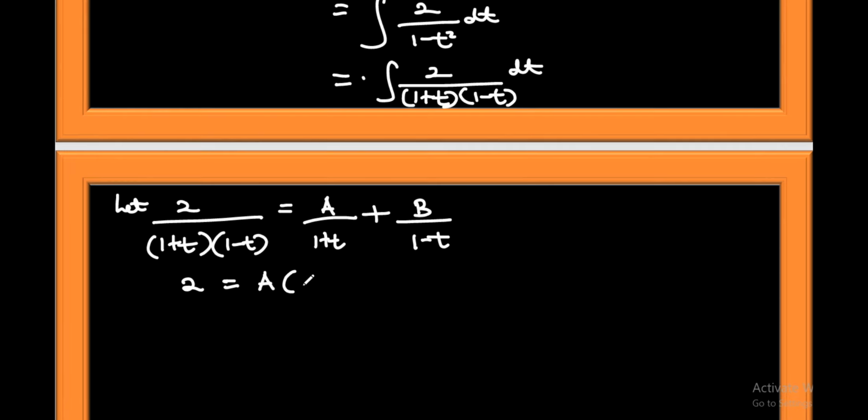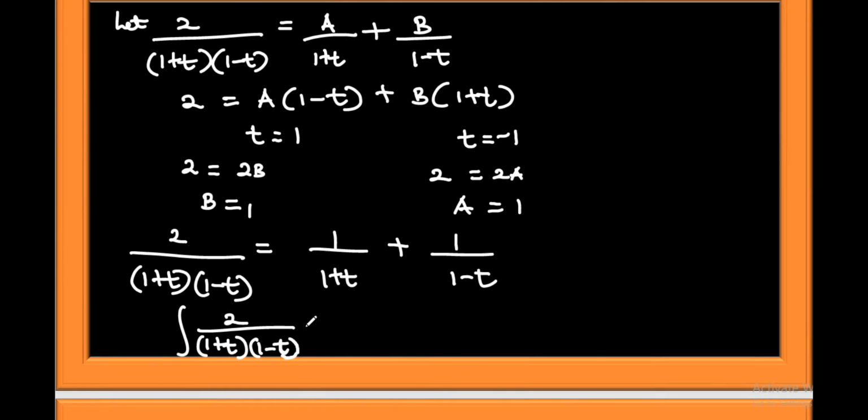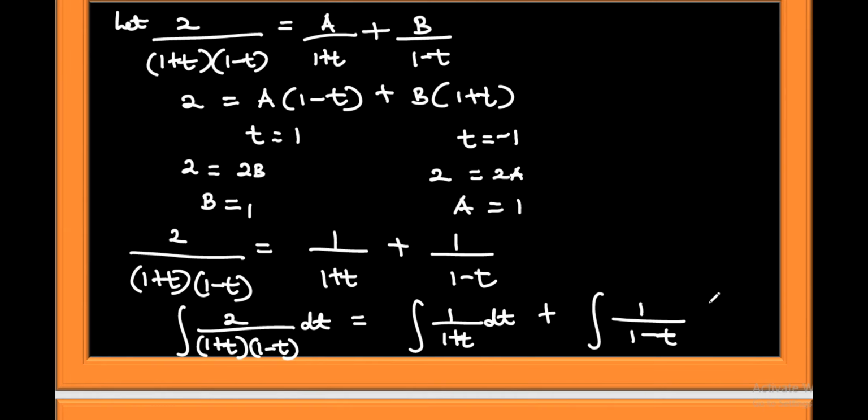Now, the integral of 2 divided by 1 plus t into brackets 1 minus t dt is just as good as the integral of 1 over 1 plus t dt plus the integral of 1 out of 1 minus t dt.